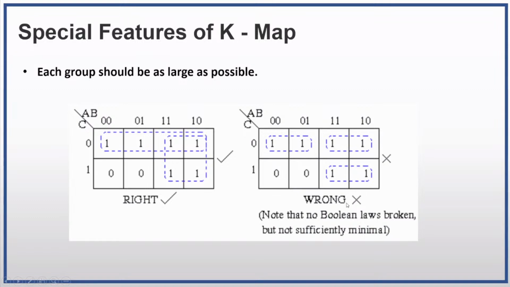Actually, this is not wrong, but our purpose is to minimize or simplify the Boolean expression. So therefore, in that case, each group should be as large as possible.